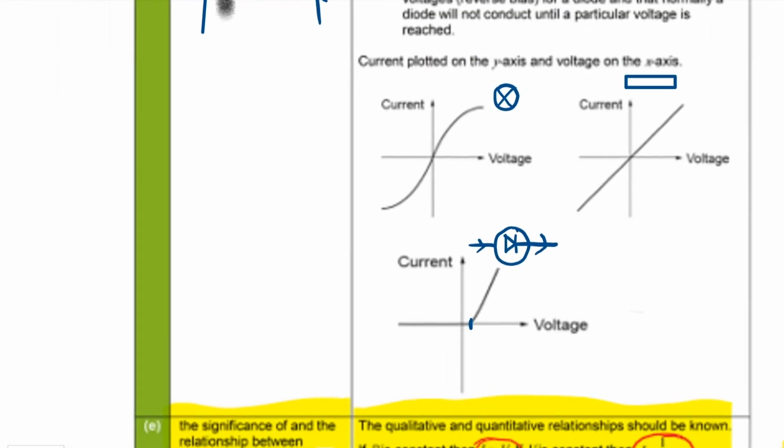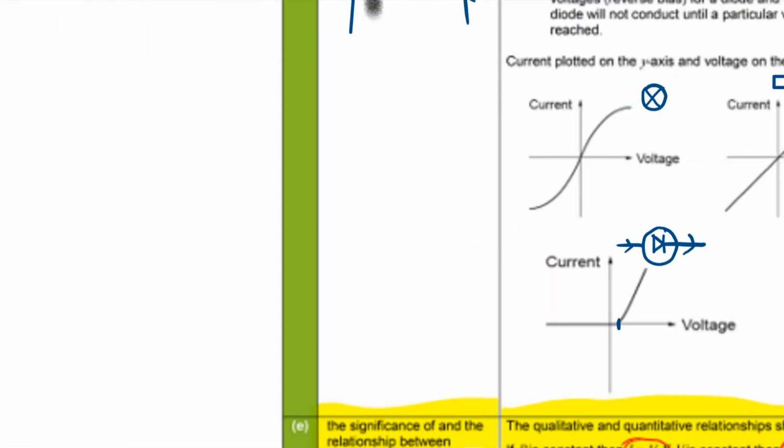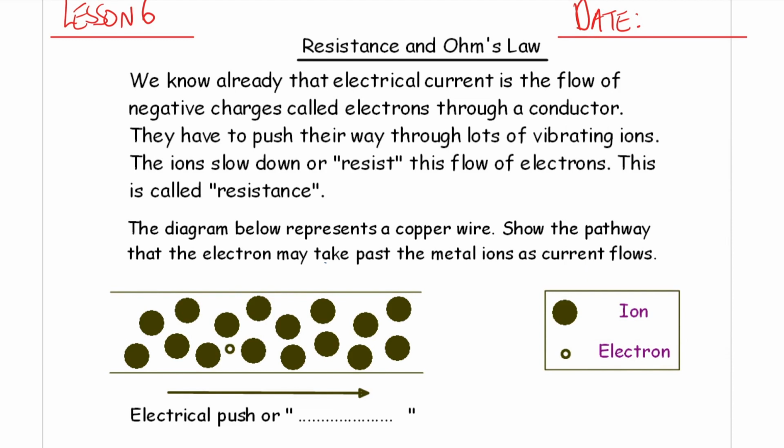Before we go any further then, let's just recap on what we've looked at earlier in previous lessons. So that is, electric current is a flow of negative charges called electrons, and that's what electricity is.